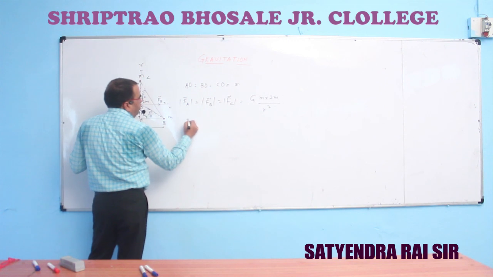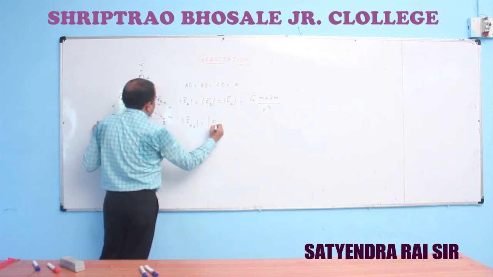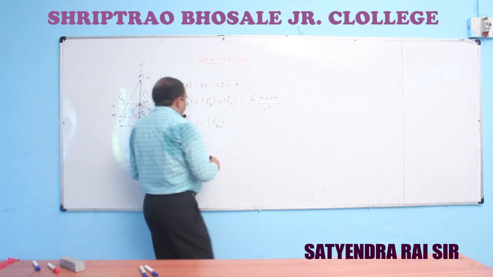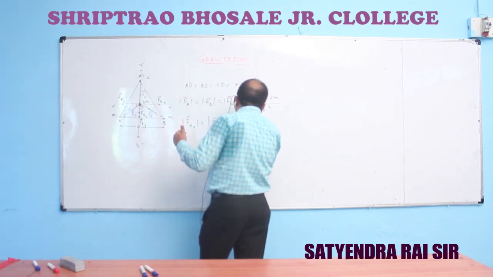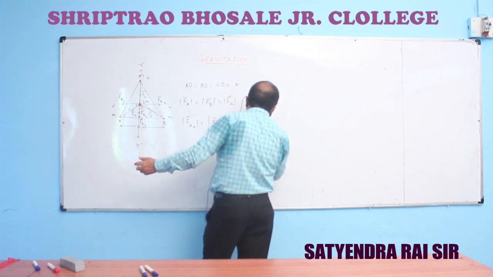Mod of FAx is equal to mod of FBx, right? And since they are equal in magnitude and opposite in direction, we can write the vector FAx is equal to minus FBx.